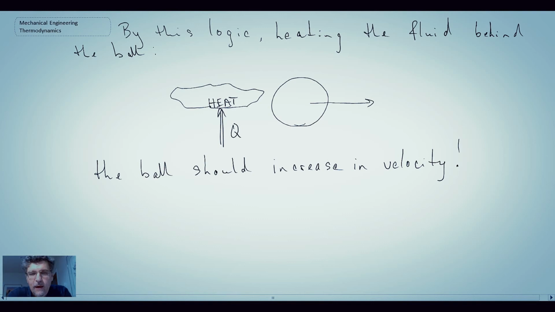Now, we all know that that won't happen. And the reason is because energy flow does not always go the way that we want it to go. When you look at the first law, it would tell us that this logic would be perfect and would make perfect sense. However, in reality, that is not the way that nature works.